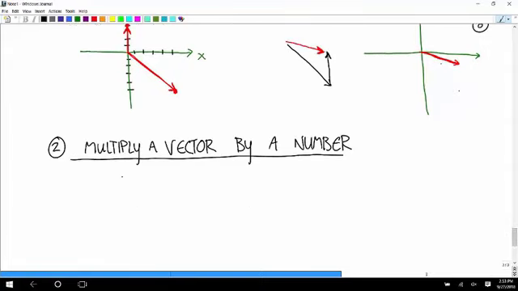So if you have a vector AB and you want to multiply it by the number C, the X component is going to be the number times the X component, so that'll be C times A. And the Y component will be the number times the Y component, so that's CB.